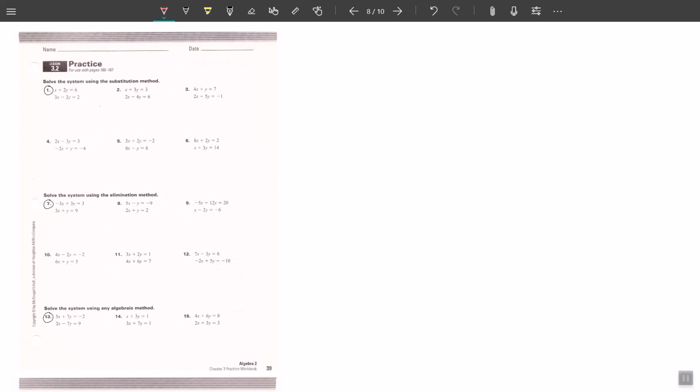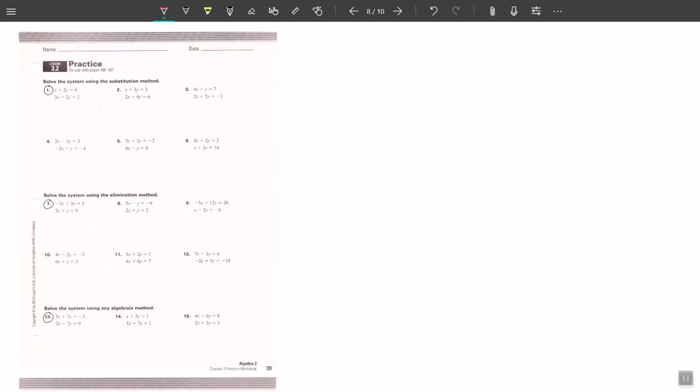So for the graphing aspect, we were actually able to see it visually, see where they either cross once to give a solution, they are graphed on top of each other, which means they have an infinite number of solutions that satisfy both of them, or they never cross at all, which means they're parallel and they don't share any solutions. Okay, so in 3.1, we were actually able to see it through the graphing method.